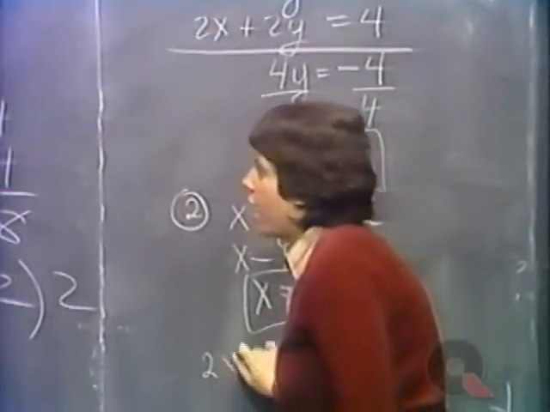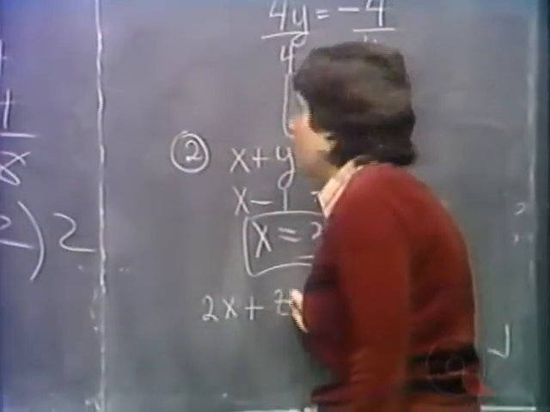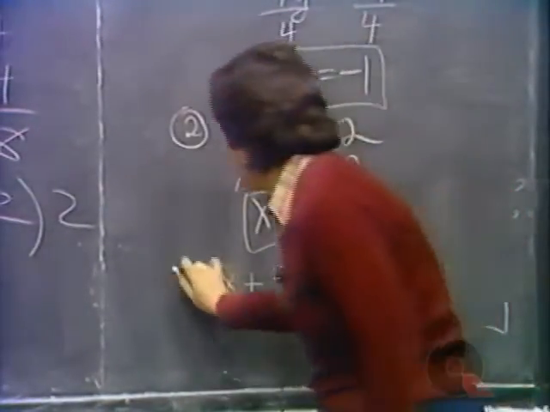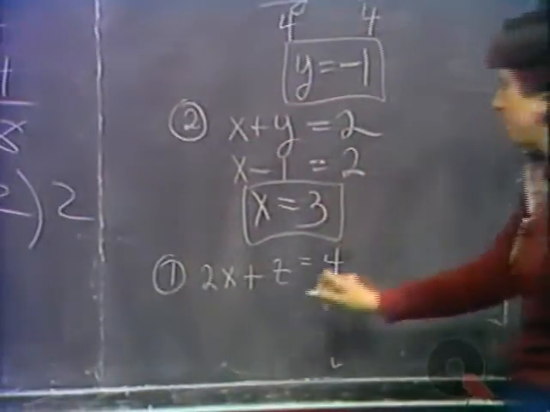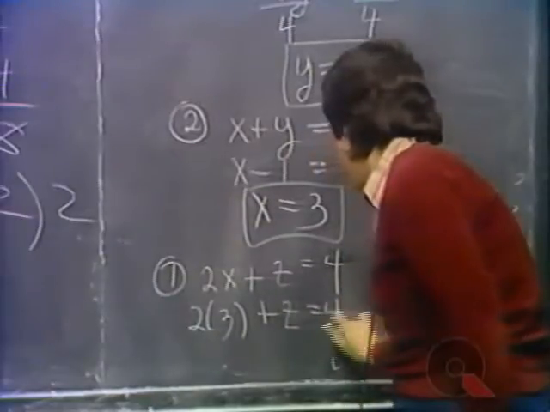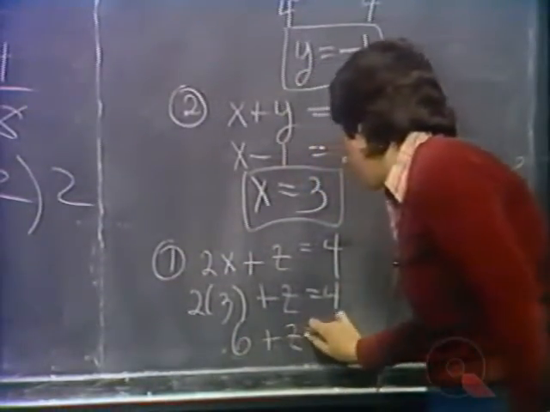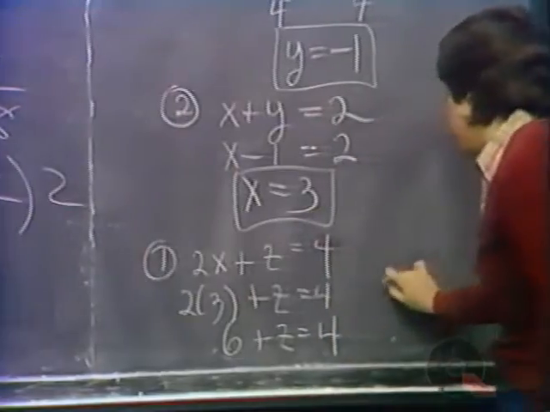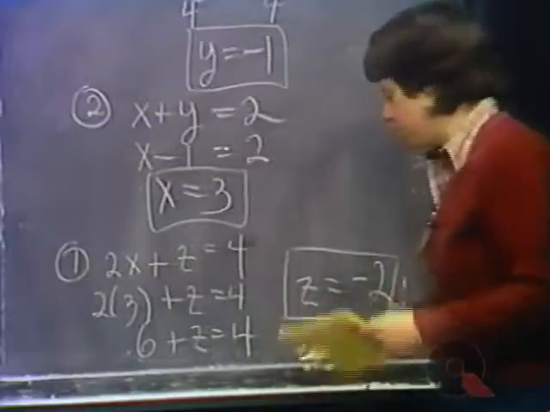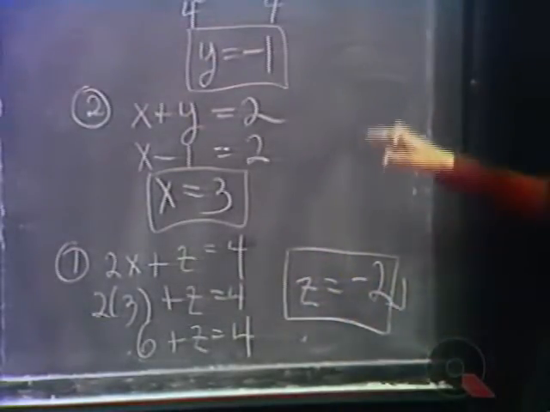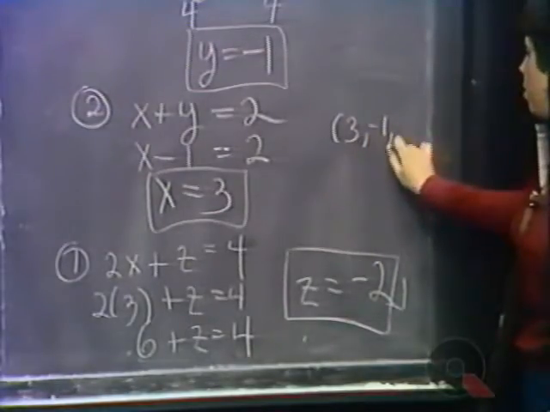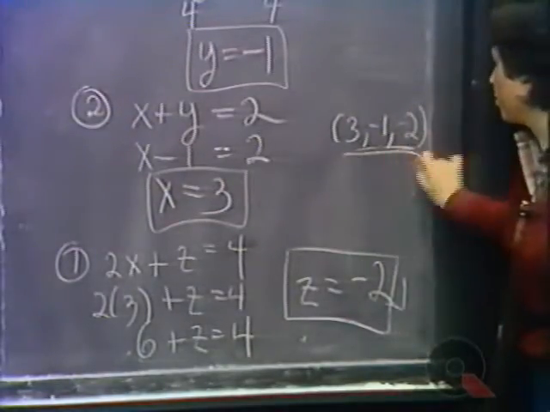For example, 2x plus z equals 4, which is equation number 1. We now know what x is, so 2 times 3 plus z equals 4. 6 plus z equals 4. z equals minus 2, subtracting 6 from both sides. So we have x equals 3, y equals minus 1, z equals minus 2 as our solution.